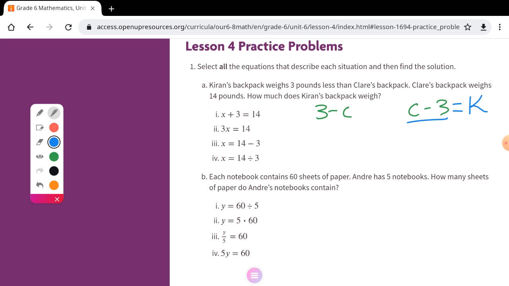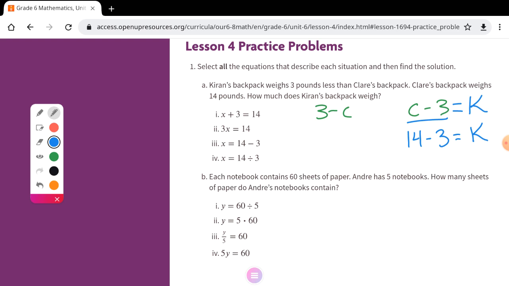And it says Claire's backpack weighs 14 pounds. How much does Kieran's backpack weigh? So Claire's weighs 14 minus 3 equals whose? Kieran's.